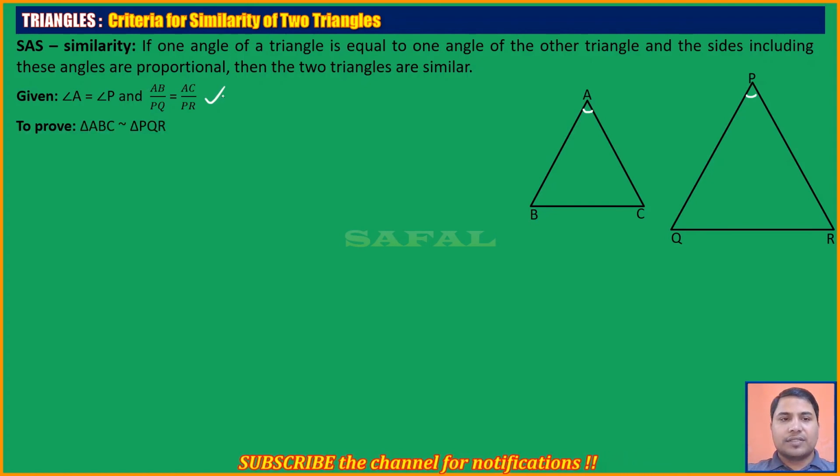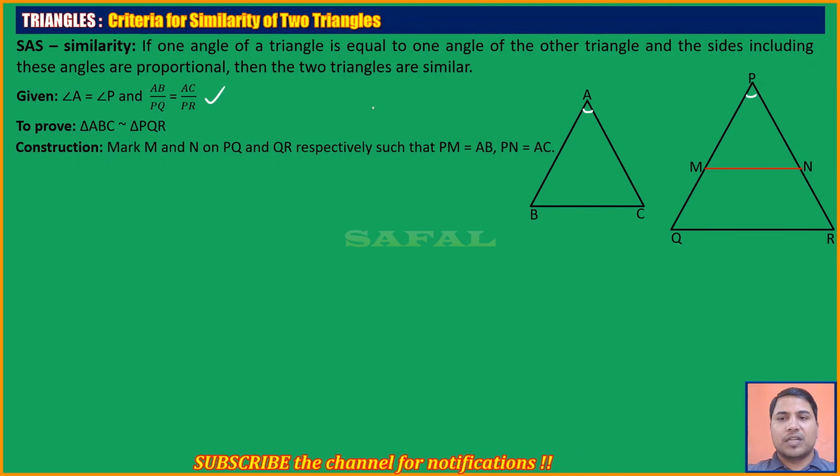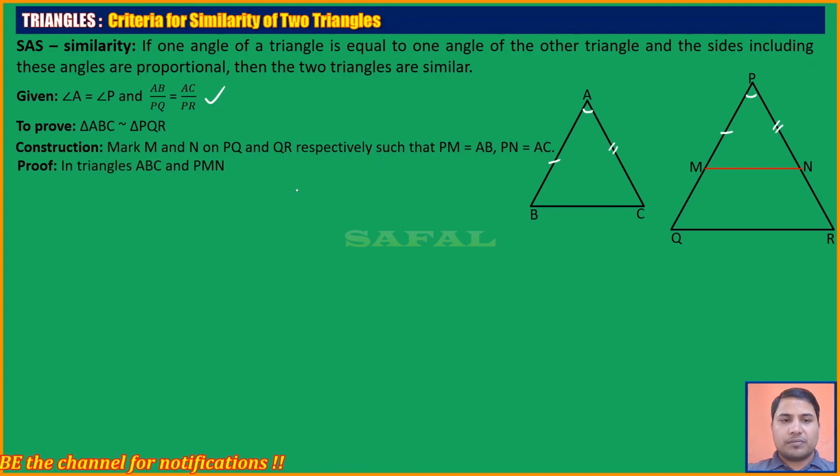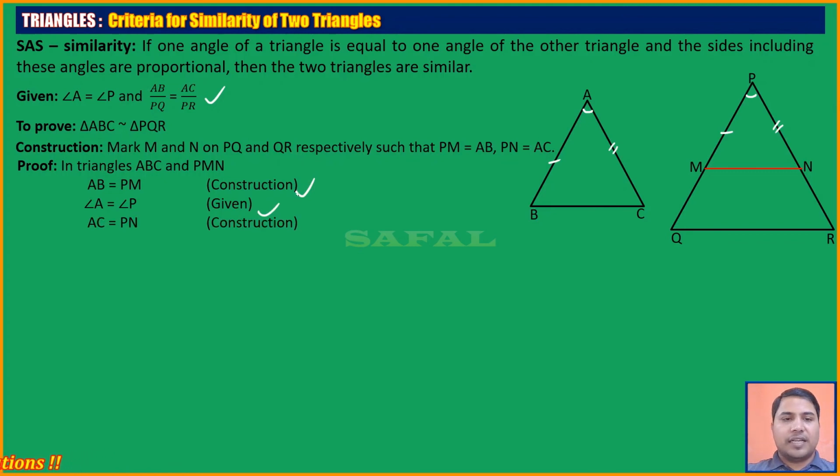So again the same construction I am going to do. I am going to mark point M on PQ, N on PR, such that PM equals AB and PN equals what? AC. Okay. Now I am considering triangles ABC and PMN. So I can see that AB equals PM by construction, angle A equals angle P, that is given, and AC equals PN by construction.